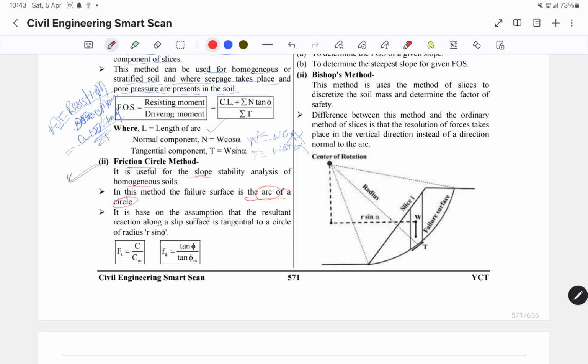It is based on the assumption that the resultant reaction along a slip surface is tangential to a circle of radius r sin phi. Fc equals C upon Cm, F phi equals tan phi upon tan phi m.